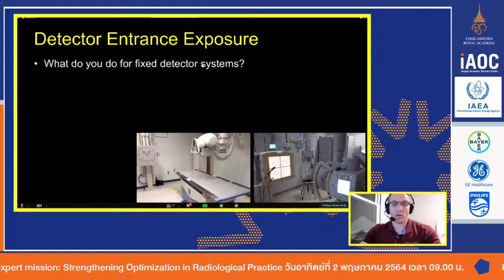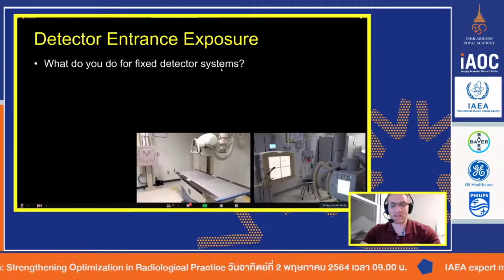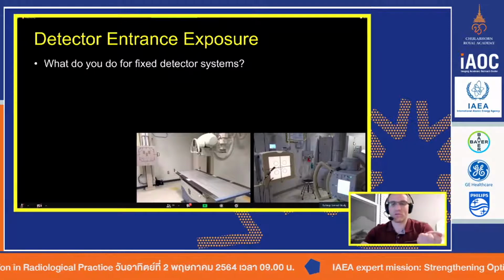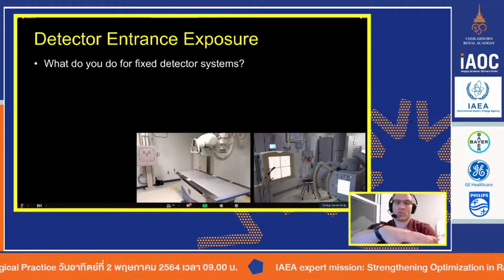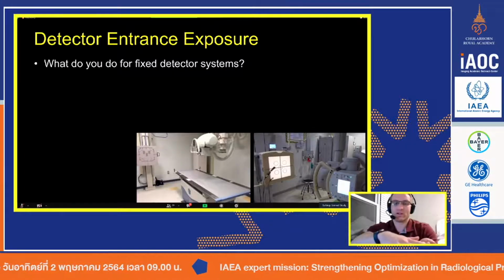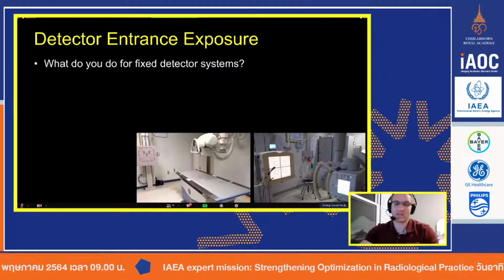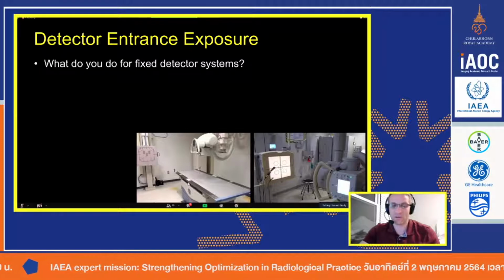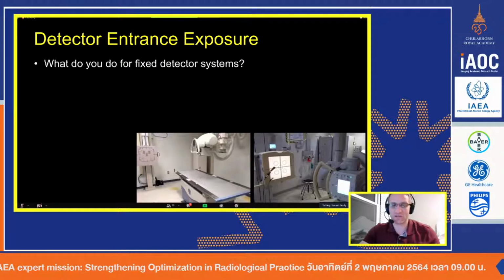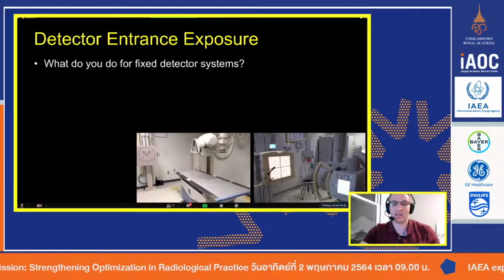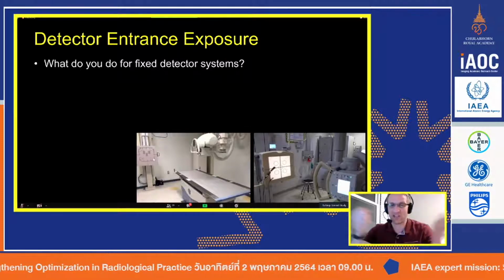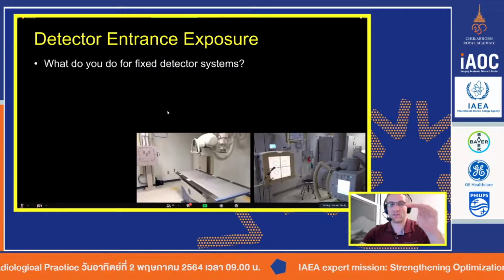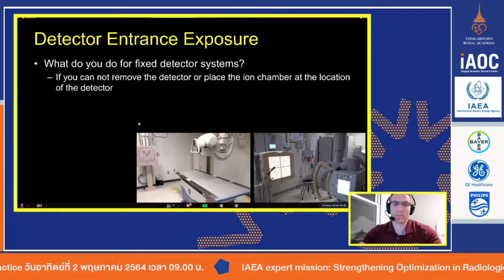So what do we do if we have a fixed detector system? Previously we talked about a retrofit system where you could pull the bucky out and put a CR plate or a wireless DR. Well, if you don't have that, if the digital plate, the DR detector, is physically embedded in the table or the wall bucky where you can't actually take them out, how do we still make this measurement of the entrance exposure to the detector?